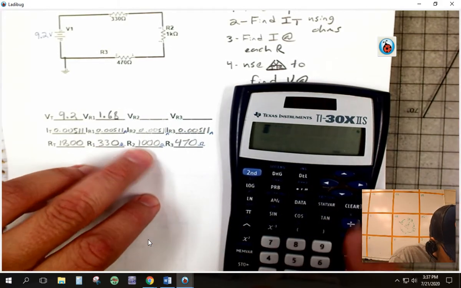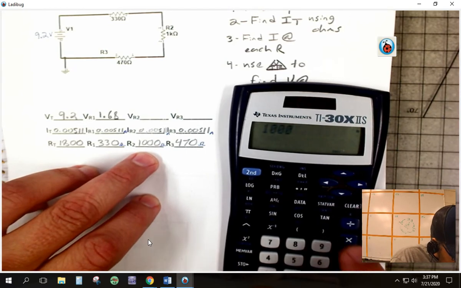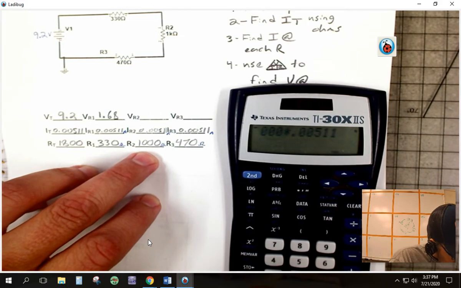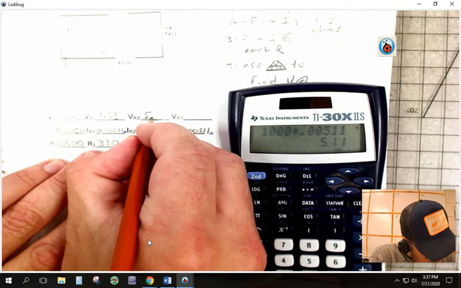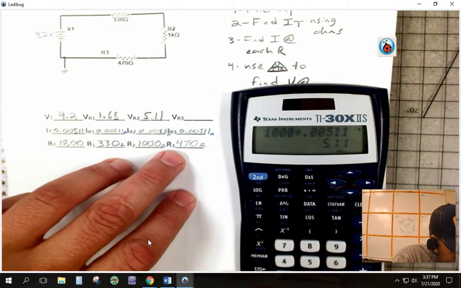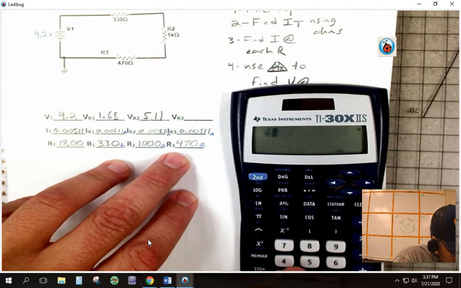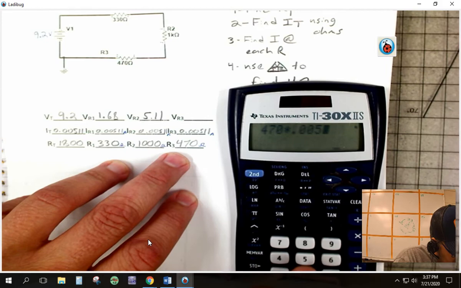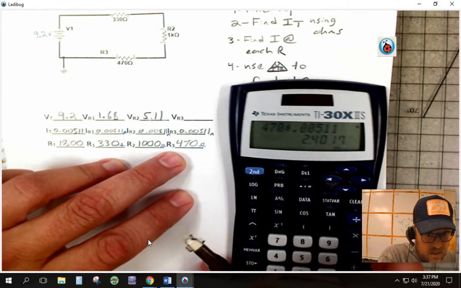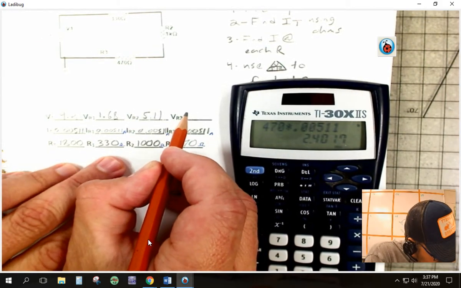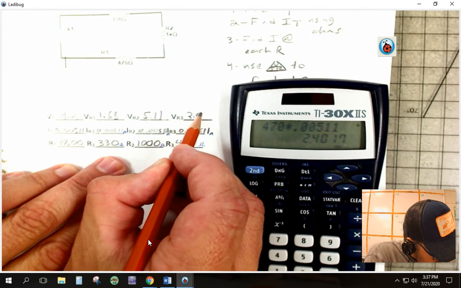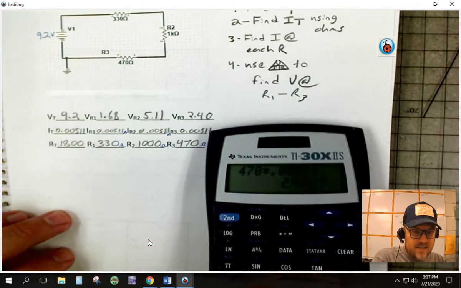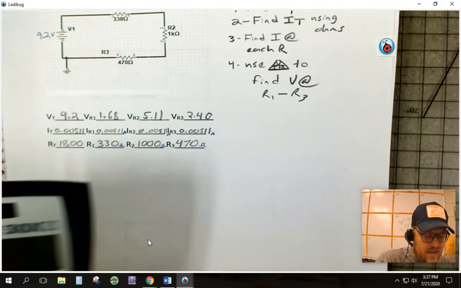I'll do the next one, 1,000. And some of you are already ahead of me on this one. That's okay. 5.11. I'm going to do the same thing here. 470 times 0.00511, and we get 2.40.